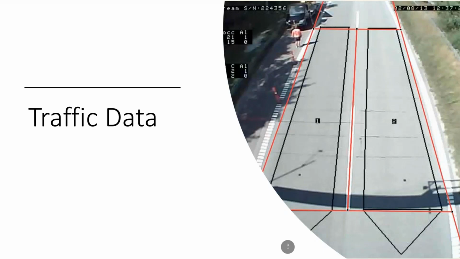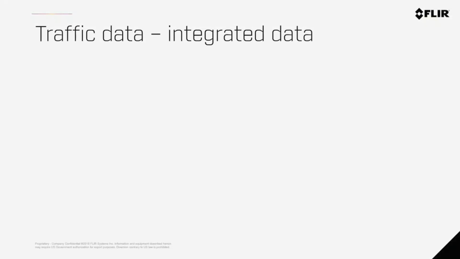And what I mean with traffic data, well, it's first of all integrated data. So again, you specify the integration interval starting from 10 seconds to, I think in total, half an hour, and in between you have 20 seconds, 1 minute, 5 minutes, 6 minutes. So this is all possible. And what is the data that you're going to collect within that specified time?